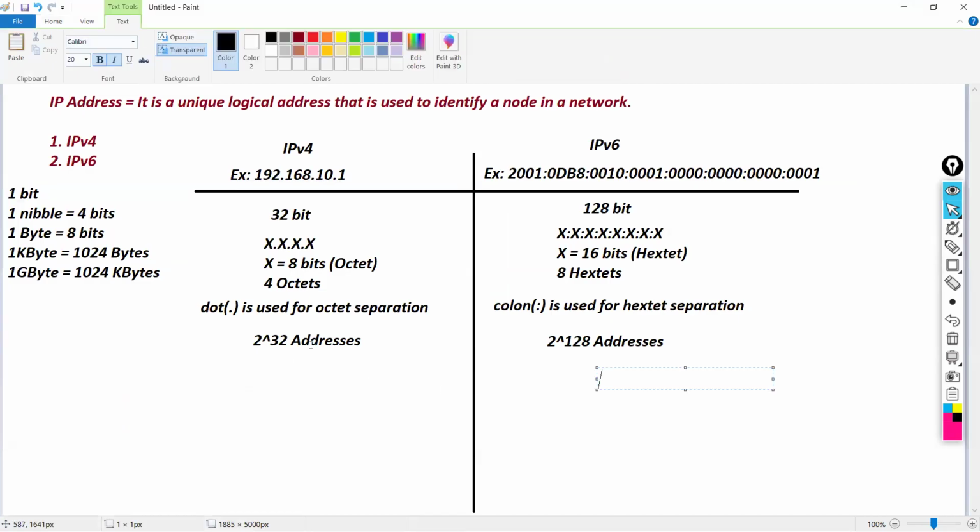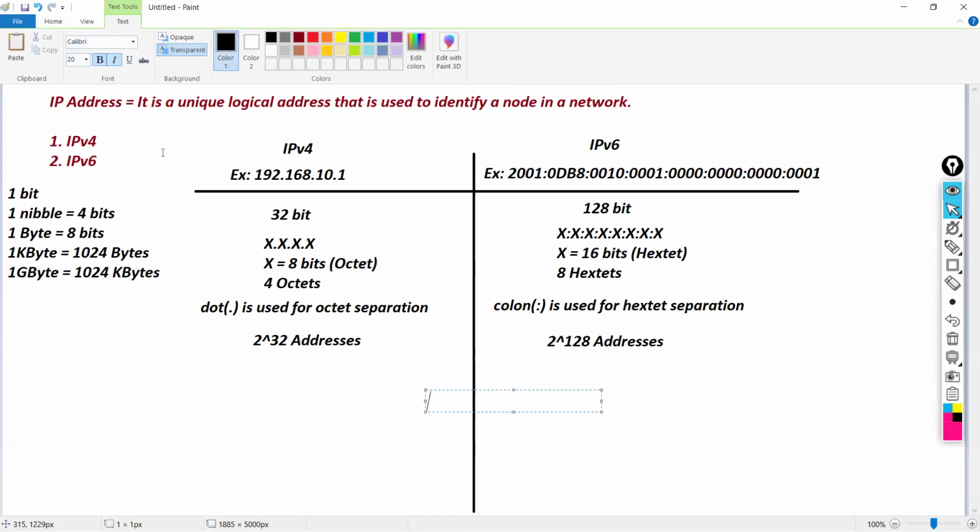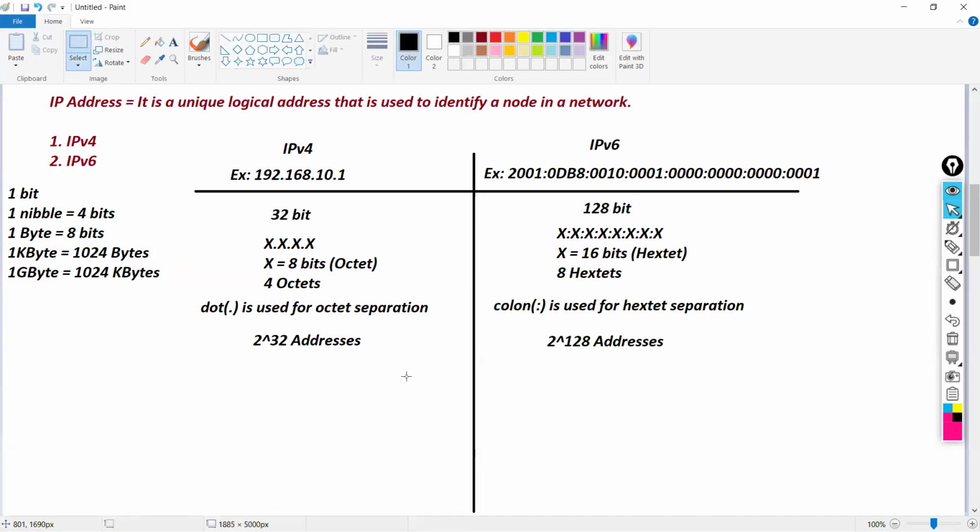This is clear. Then your IPv4 is comparatively less secure than your IPv6. Because your IPv4 does not have native IPsec support and IPv6 does have the support. So right now that security concern we do not need to worry about. Right now this many differences are totally fine.